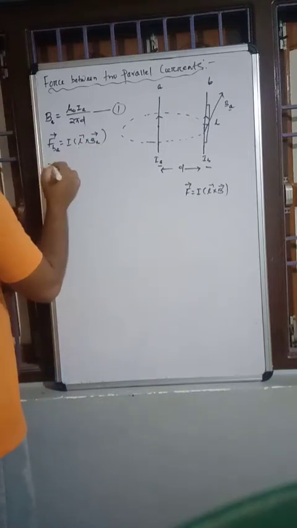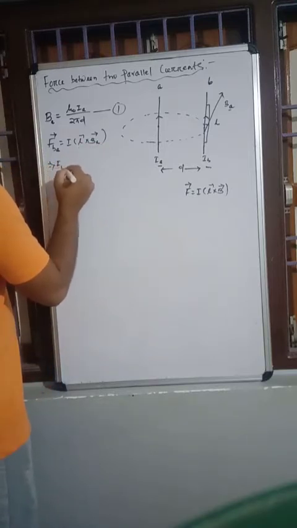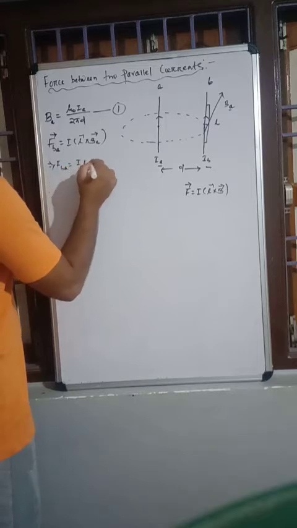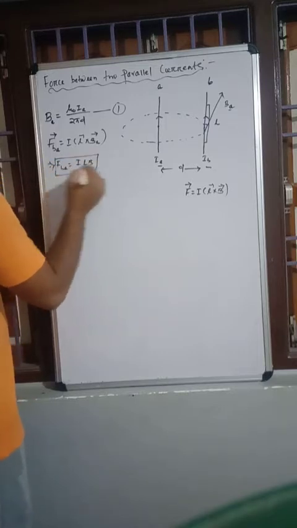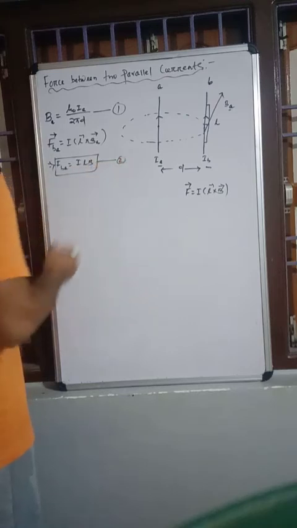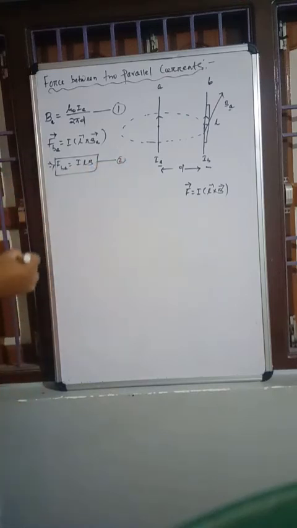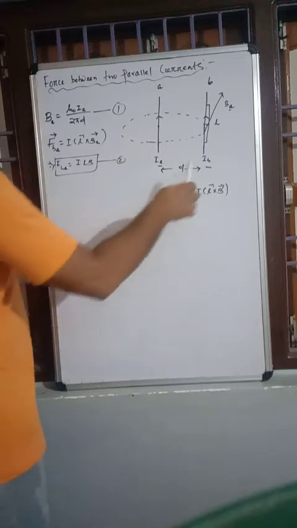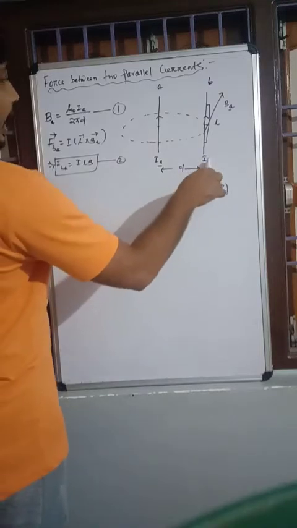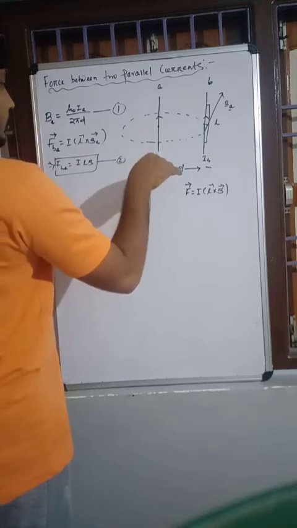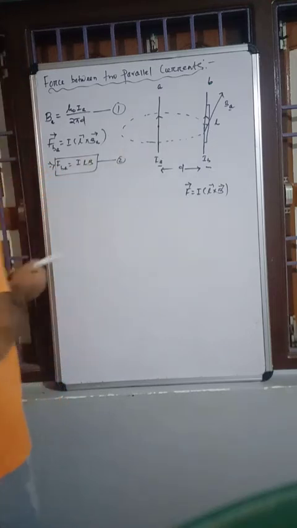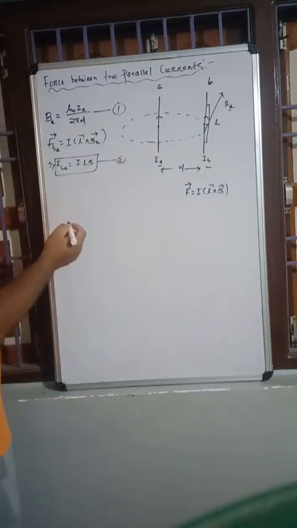So you will get that FBA will be equal to ILB in magnitude. So this will be the force acting on the current carrying element IB due to the field of current carrying element IA.